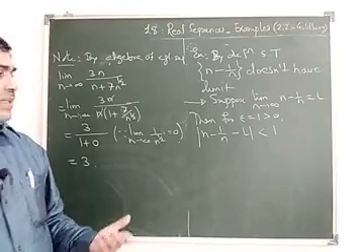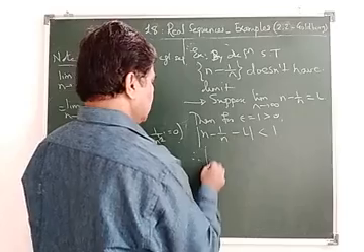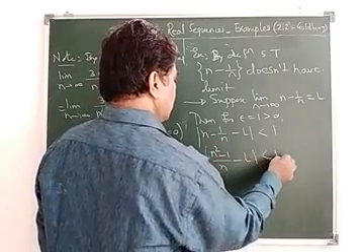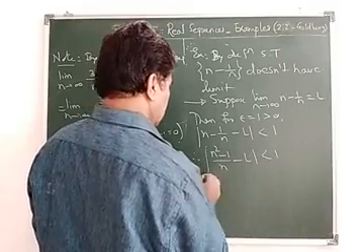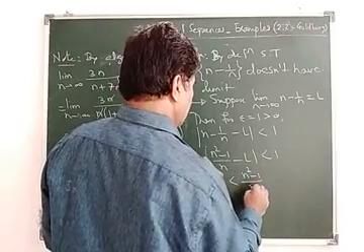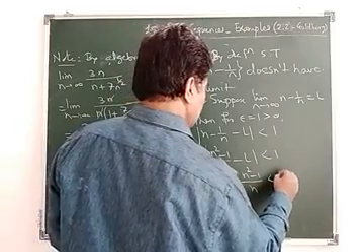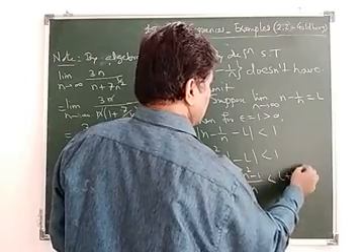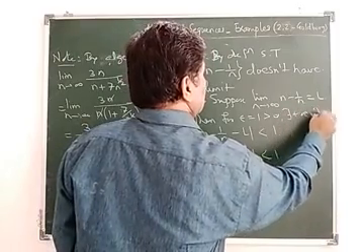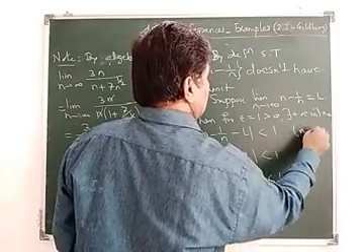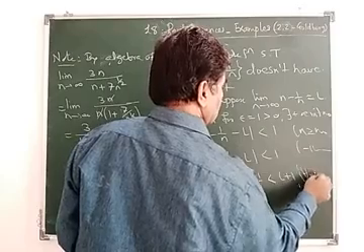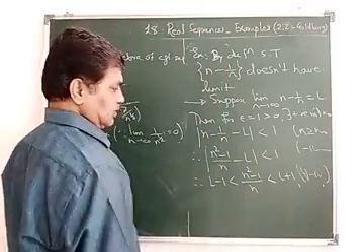But if I simplify this, what will we get? Therefore, mod of (n square minus 1 upon n) minus L is less than 1. And therefore, L minus 1 is less than n square minus 1 upon n is less than L plus 1, for every n greater or equal n naught, where there exists a positive integer n naught. We'll get this. So this is 1.